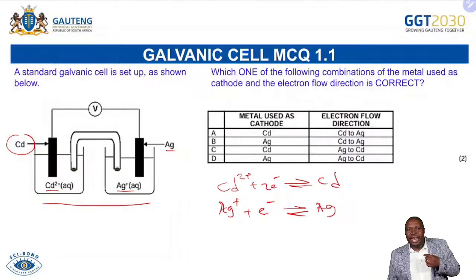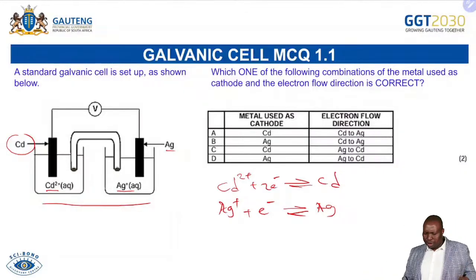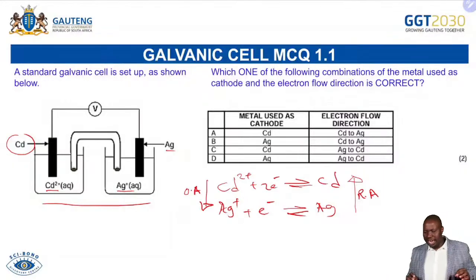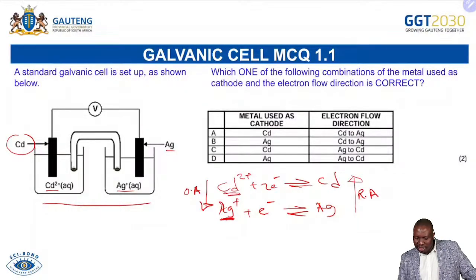And a science learner will always follow the arrow. The arrow in 4b is downwards, so it's showing you the strongest oxidizing agent. And on the right hand side, you are having the arrow which is upward, which is showing you the strong reducing agent. So this arrow is simply saying to you, Ag+ is a stronger oxidizing agent than Cd2+.